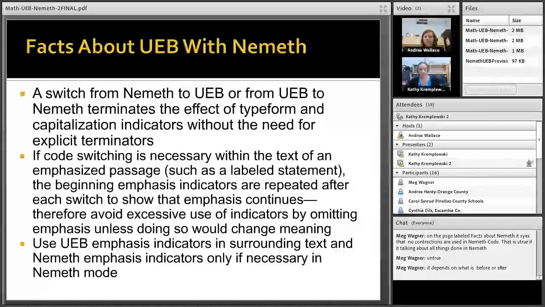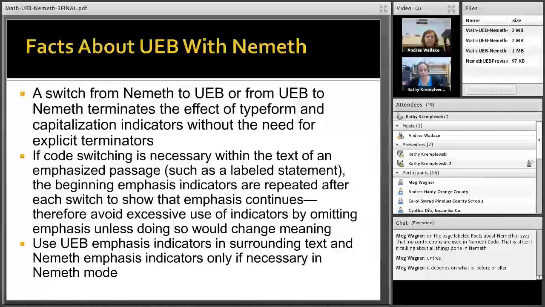It also made a point of saying, avoid excessive use of indicators by omitting emphasis unless doing so would change the meaning. So it seemed like, if at all possible, don't use the bold, underline, and all that kind of stuff unless it would change the meaning or cause the person not to be able to solve the problem.